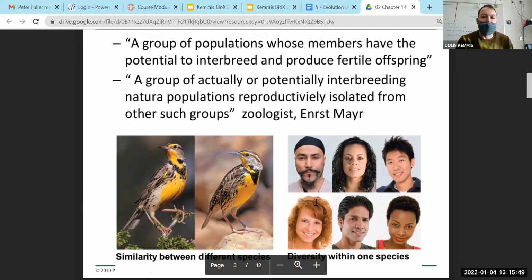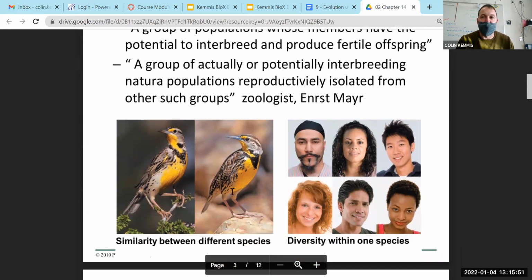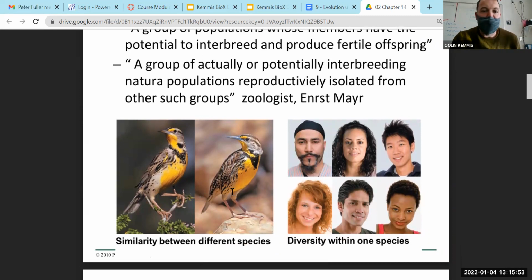A counterexample would be the eastern and western meadowlark. These live in the United States, and they're similar species. They look very similar. They could breed together, but they don't. And they're actually isolated by song. They have different songs, and so the females will not be attracted to the males with a different song, even though their territory does overlap a little bit in the southern part of America.